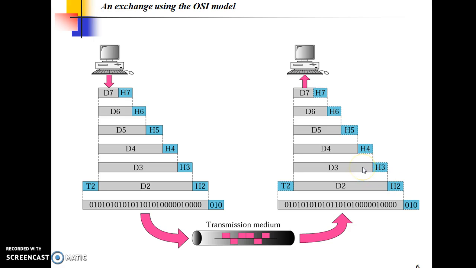Then at the network layer, whenever the data is pushed to the transport layer, the H3 header will be removed, and again H4 will be removed, H5 will be removed, H6 will be removed, H7 will be removed. Now whatever the original data is, this station will get that data. This is the actual mechanism for the communication between two stations.